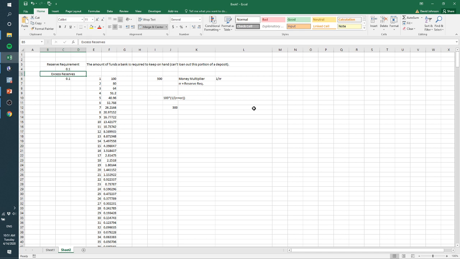The second one is the precautionary motive. And this idea is that you want to hold on to a little extra cash just in case you have some emergency come up and you need to spend money to satisfy some need.